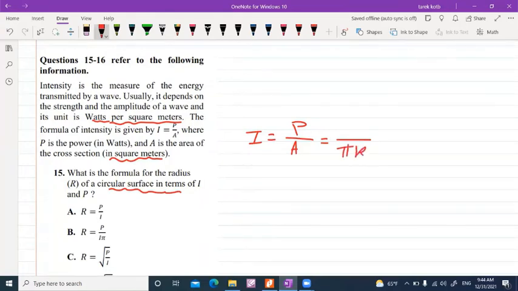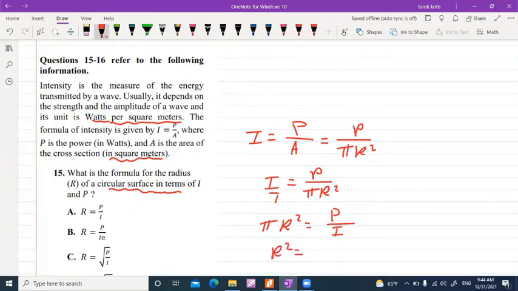Okay, now this is the formula. But I want to start the formula with R. So this formula, which is in this form now, I want to get started with R. I need to rearrange it. If you cross multiply, so the pi r squared equals P times 1 over I. And then divide by pi, so the r squared equals P over I pi.